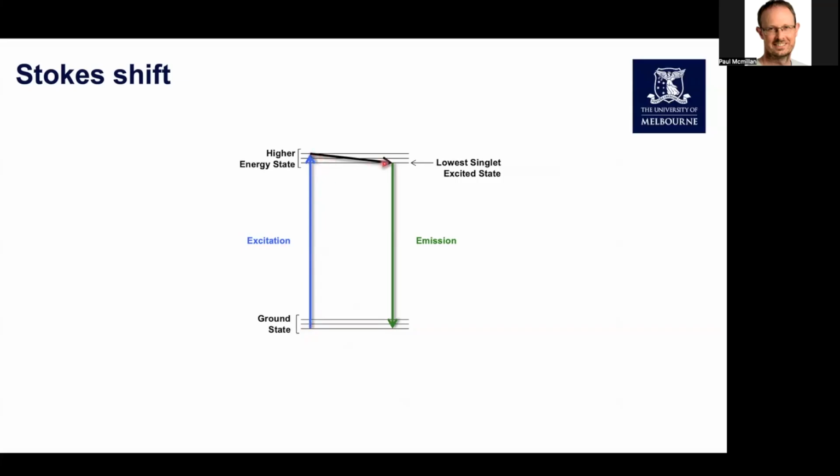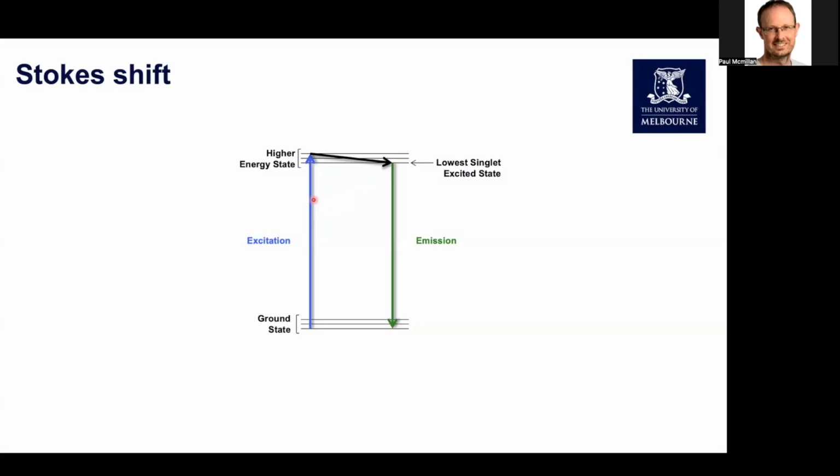I mentioned that they lose a little bit of energy there, normally in the form of heat, before returning back down to the ground state via emission. This loss of energy becomes something that's really important for the microscopes. As we go through how the microscopes are set up, hopefully that will be a little bit more obvious to you.